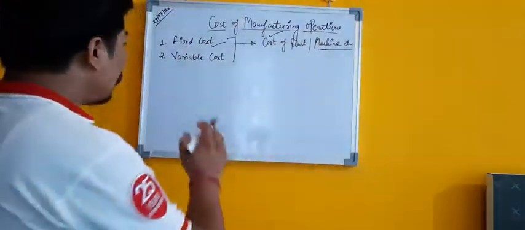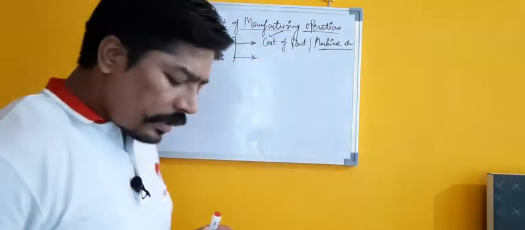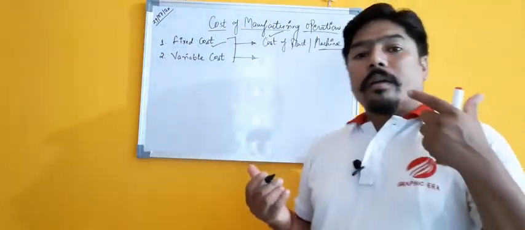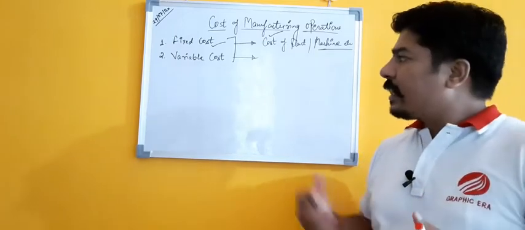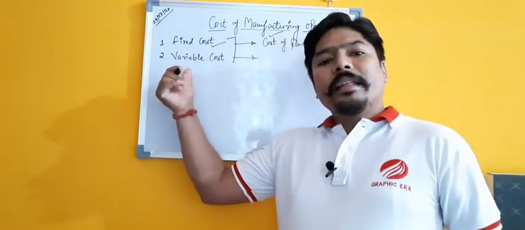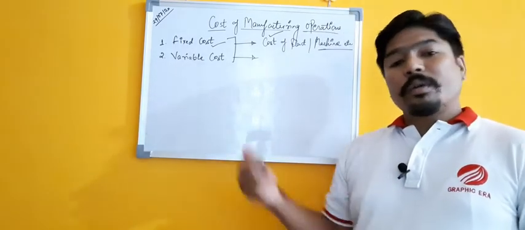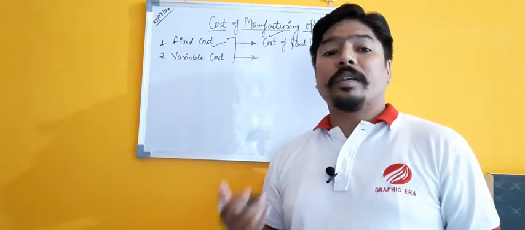Okay, now if we talk about the variable cost, variable cost is one of the important costs in the total cost of any part, component or product, because by varying this variable cost, the overall cost or total cost of your component or product in the market may increase or decrease.